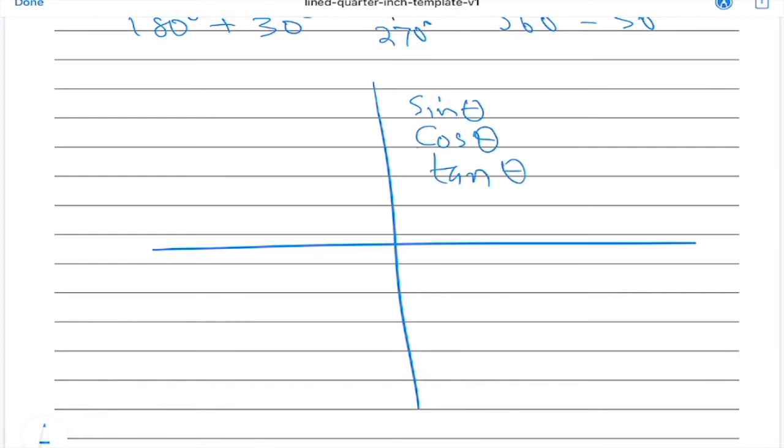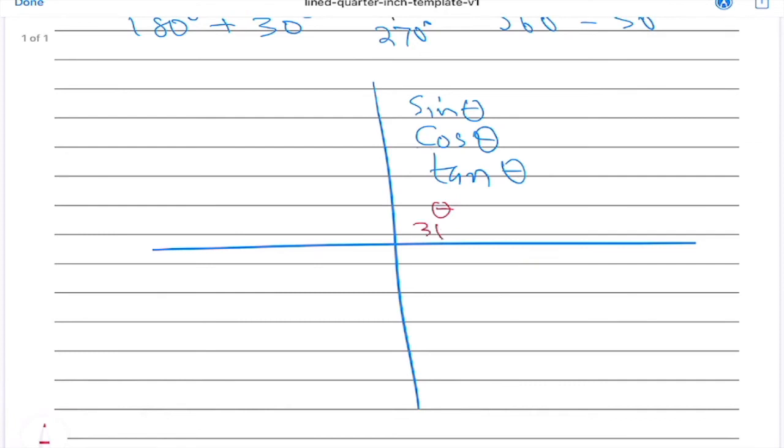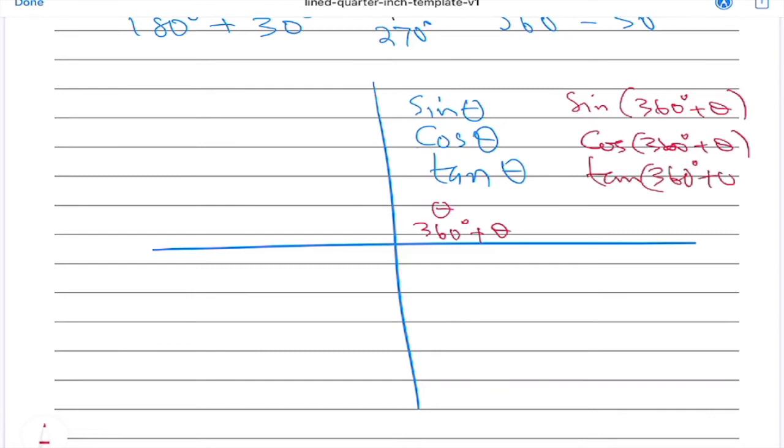But in the first quadrant, we also have 360 plus theta. Remember, theta is here as well as 360 plus theta. So we should be able to work out the sine of 360 plus theta, the cosine of 360 plus theta, and also the tangent of 360 plus theta.